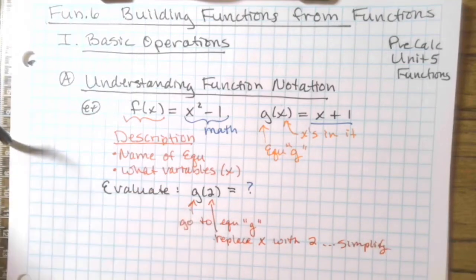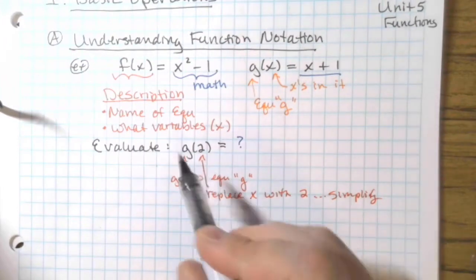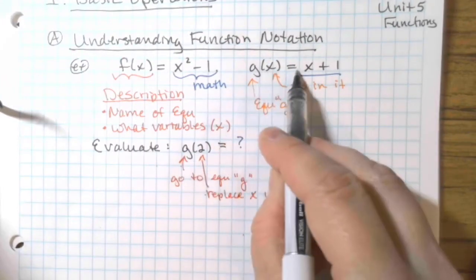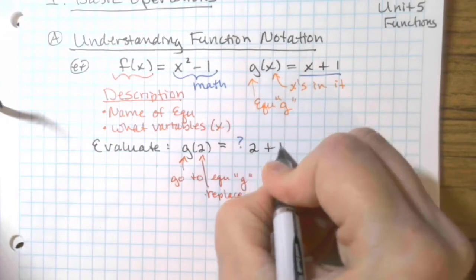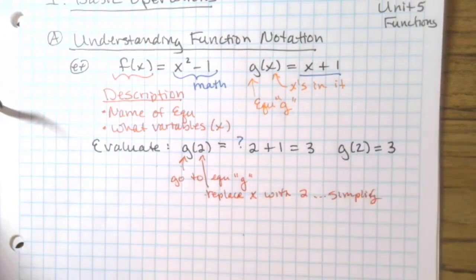So g of 2 tells you what to do on the question. All right, let's calculate that. G of 2. Here's equation g. Replace x with 2. It will be 2 plus 1, which is 3. So g of 2 equals 3.